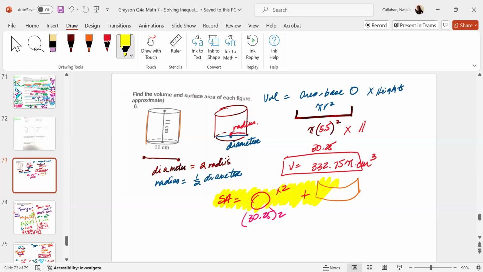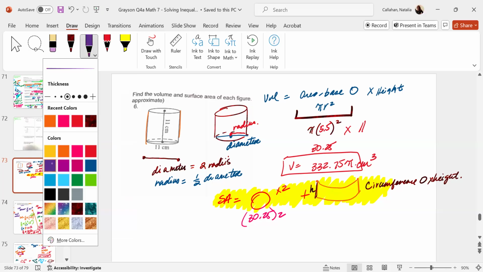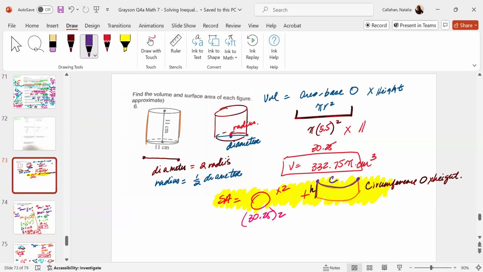Surface area, which is going to be the circumference of a circle times the height. This right here is the height. And this right here is the circumference. What's the circumference of a circle formula?